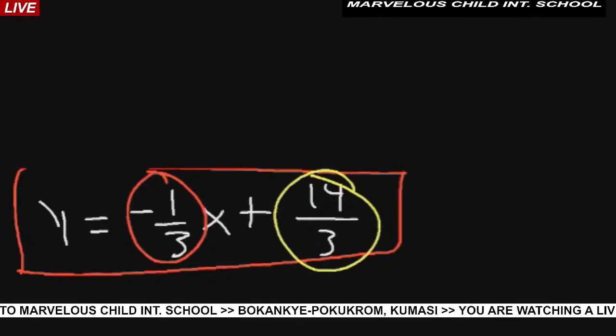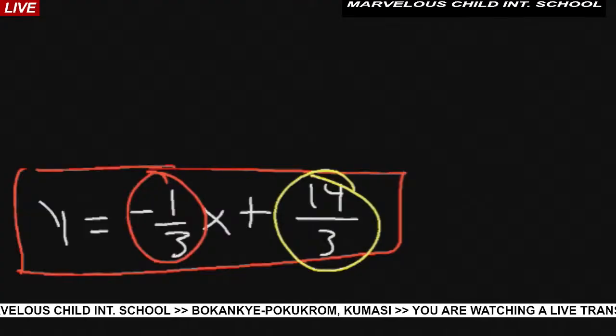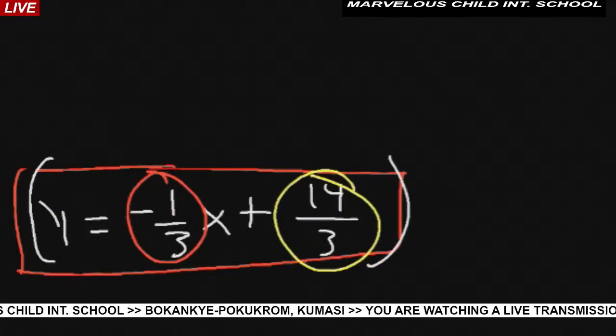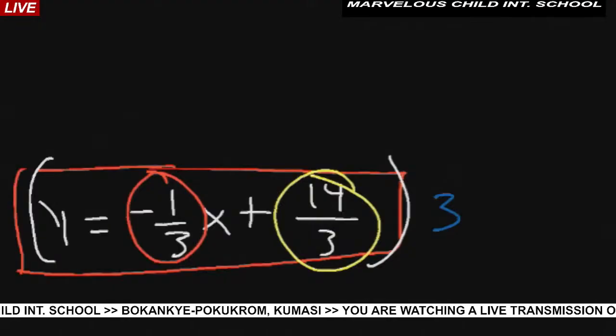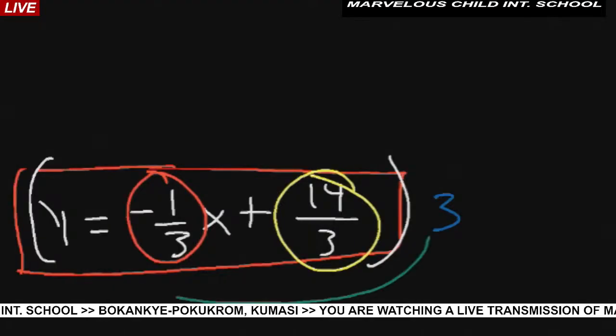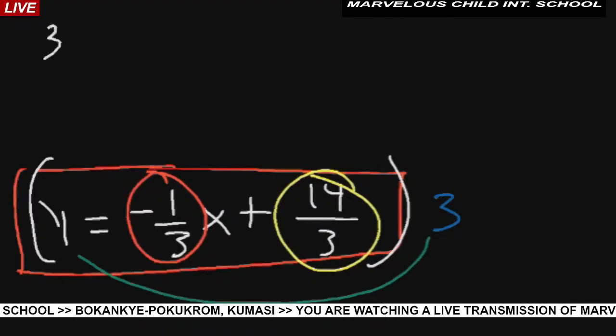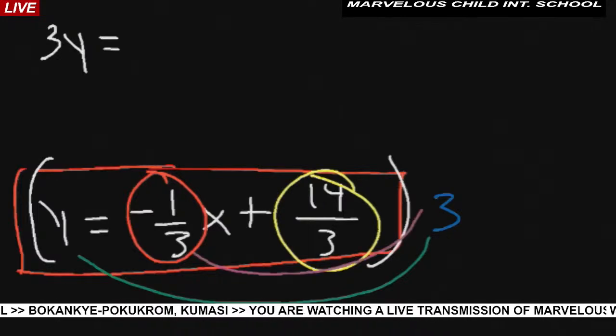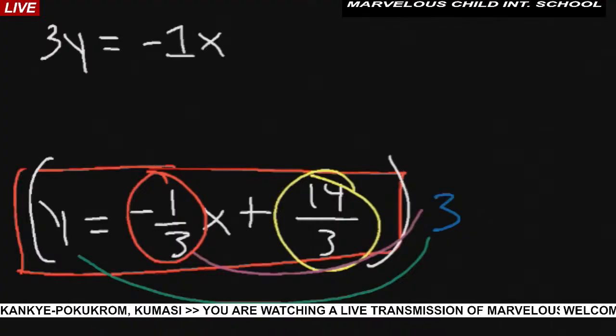So now let's put this equation in standard form. The first thing we need to do is get rid of the fractions. So let's multiply both sides by 3. 3 times y is 3y, and 3 times negative 1/3 x, the 3's cancel, so it's simply negative 1x.